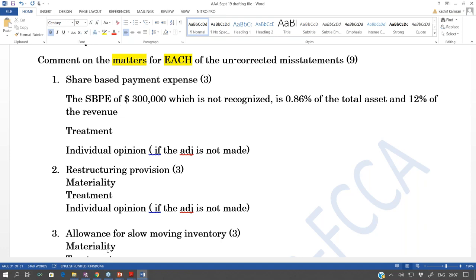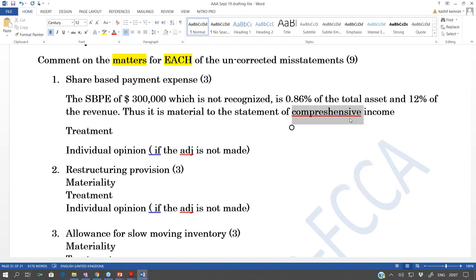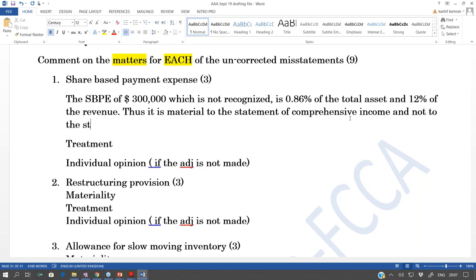Thus, it is material to the statement of comprehensive income and not to the statement of financial position.